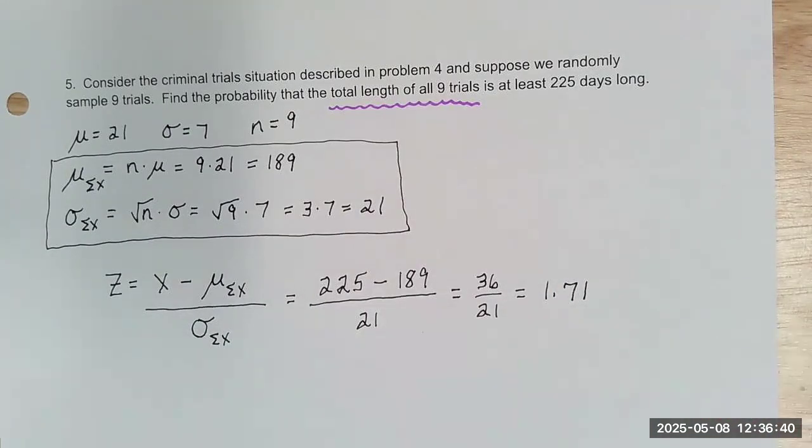And I got 1.71 if I round it. That's a Z. We're going to use our Z table to go get a P.